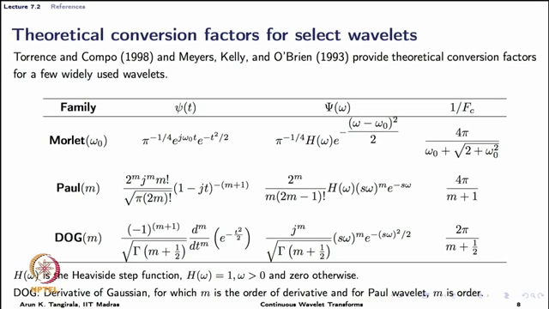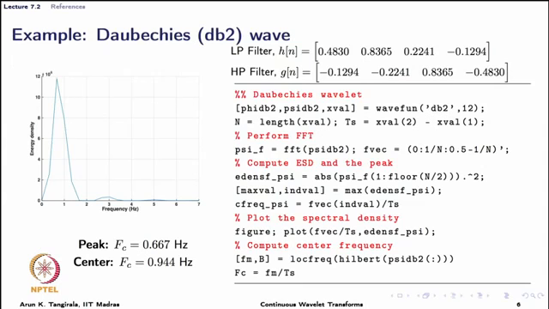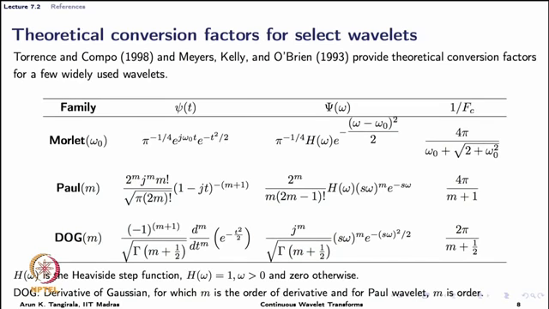Nevertheless, we still went through such an example. For example, Daubechies 2 wave is one such example. It is not an analytic signal, but you can construct an analytic version of this. So, you can perform CWT with an analytic version of this. The general procedure or practice in CWT is that you use complex wavelets or analytic wavelets, so that you can extract both the amplitude and phase of the oscillations in the signal.